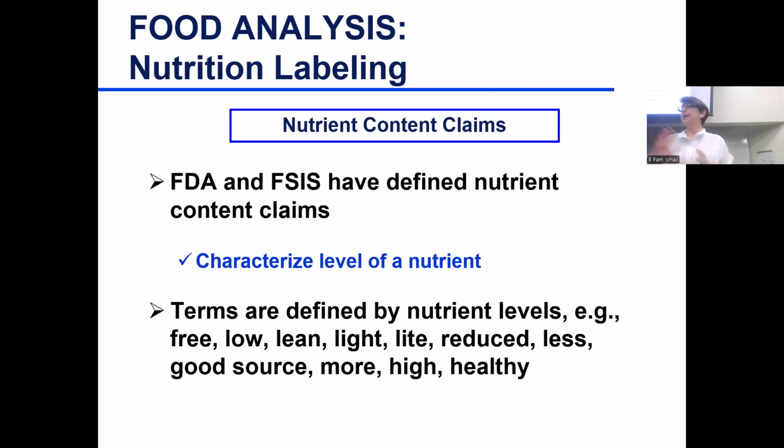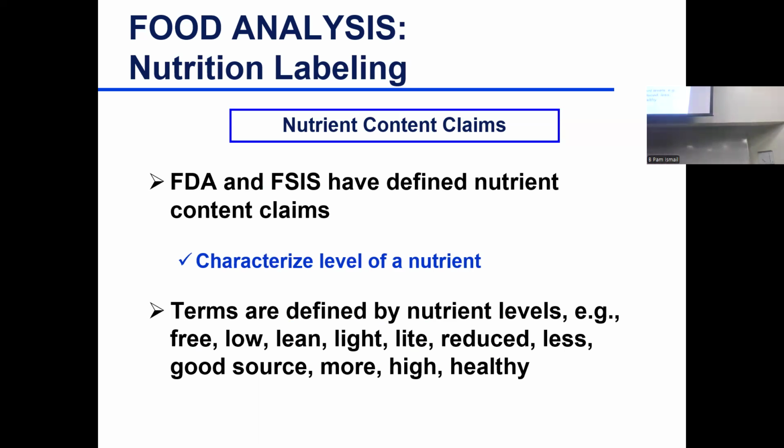Whereas a health claim has to do with the health aspect. So the claim is associated with health, like calcium, vitamin D, and osteoporosis. That's a health claim. So you have a physiological effect related to the claim.